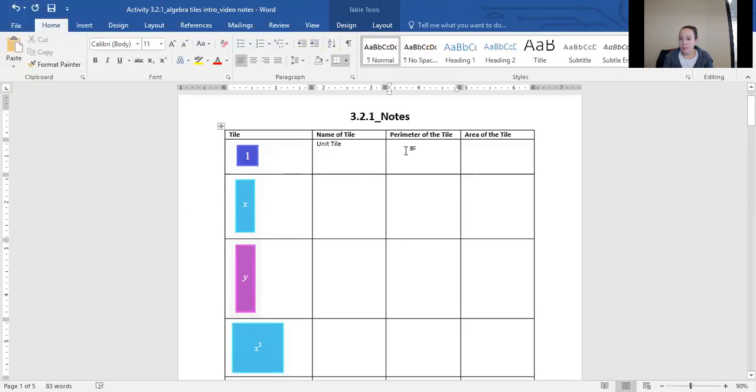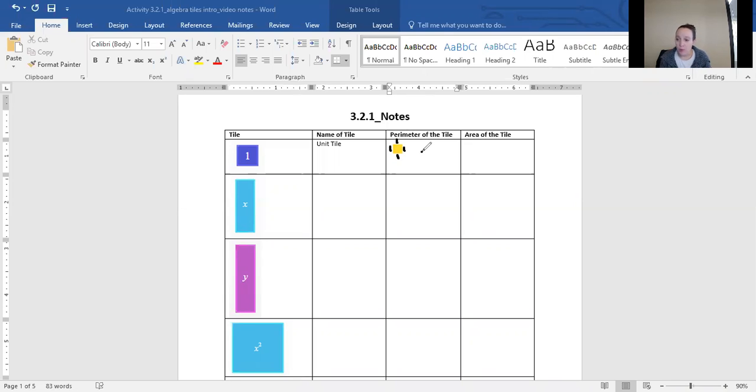All right, the perimeter of our unit tile here. I'm going to try to make a little square here, and then I'm going to label it. Remember that the unit tile has a length of 1 all the way around. Each side is a length of 1 unit.